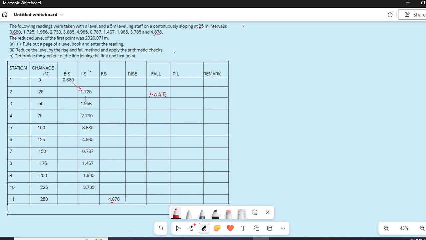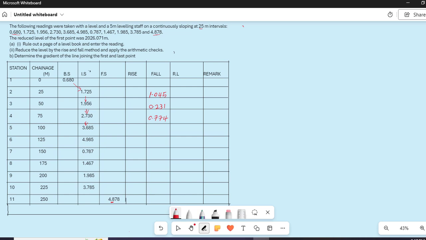Then the second one is 1.725. We deduct 1.956, and this one will give me 0.231. And then the next one is 1.956. I deduct 2.730, and this one is giving me 0.774. And then the next one is 2.730. I deduct 3.685.